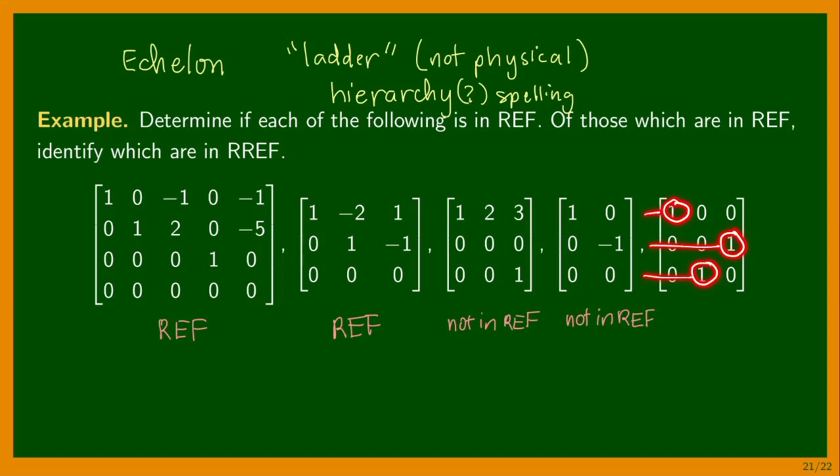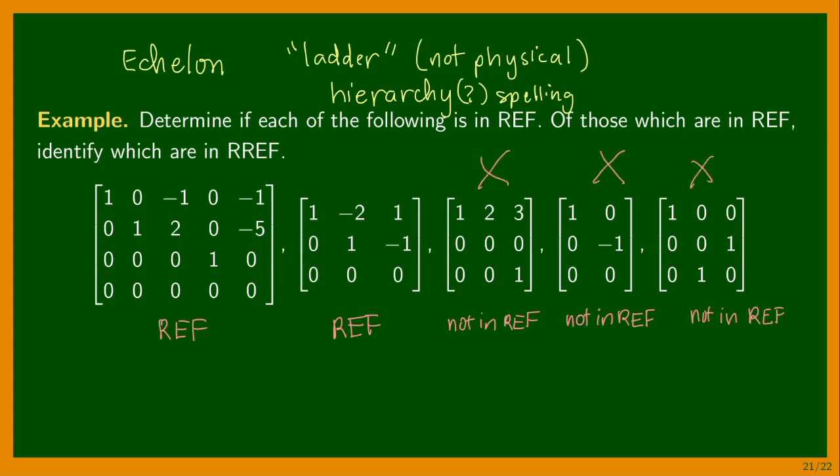Yes. Satisfied yung condition number 2. Pero, are these pivots arranged in echelon form? No. Why? Kasi, kumanan ka pero bumalik ka bigla. Hindi yan echelon form. So, again, this one is not in REF. So, X na itong tatlo.